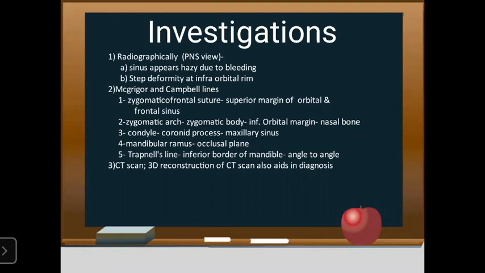Second line across the zygomatic arch, zygomatic body, inferior orbital margin and nasal bone. Third line across the condyles, coronoid process and maxillary sinus. Fourth line across the mandibular ramus and occlusal plane. Fifth line, which is also the Trampnell's line, across the inferior border of mandible from angle to angle.